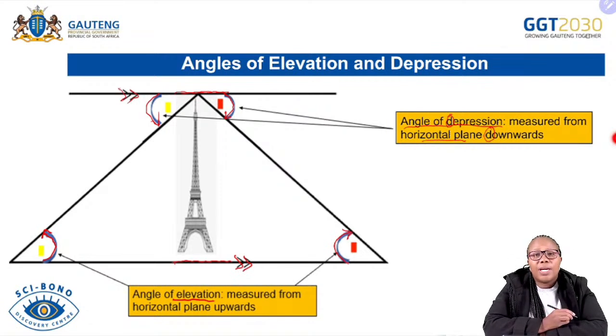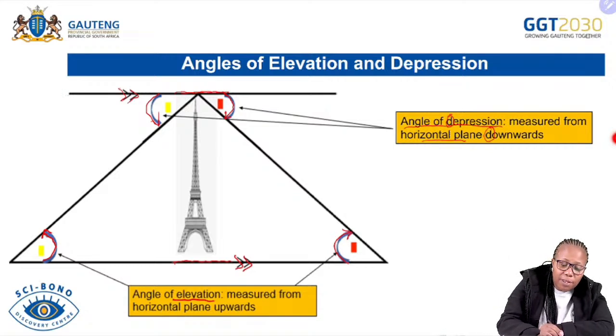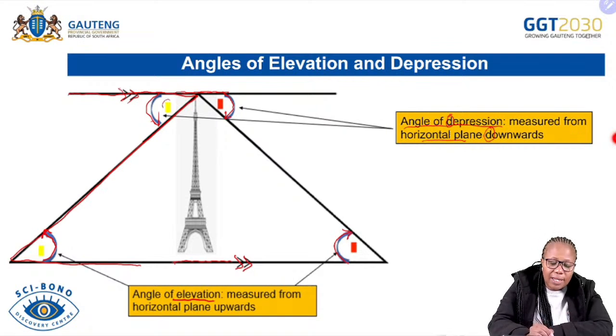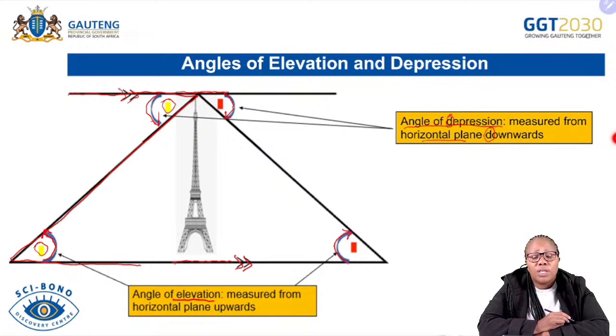And if you look at this now, grade 12, this is bringing in the transversal line from our Euclidean geometry, where between parallel lines, if we have the shape that is forming a Z shape like that one, it is giving us the alternating angles between the given parallel lines. So what can we conclude, grade 12, is that this angle here is equal to that one. As you can see, it is indicated with the yellow rectangle that they are equal.